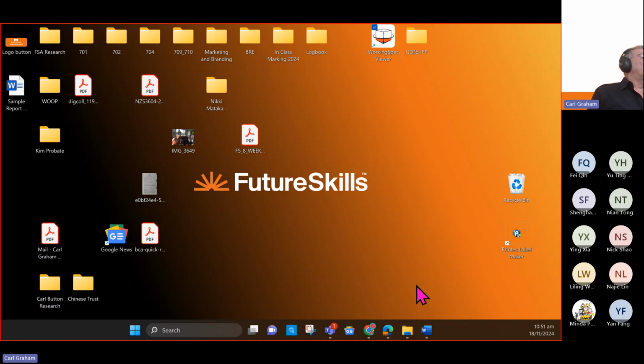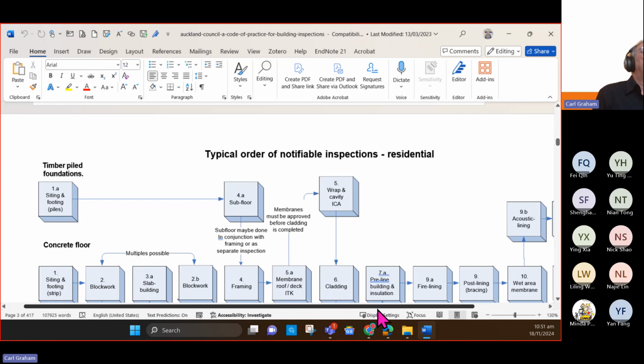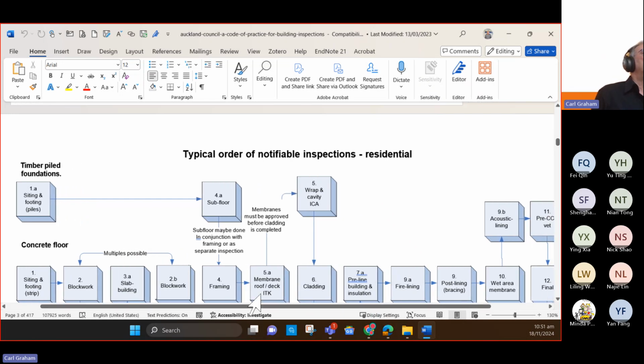And in this day and age, it's So let's go back to our notifiable works and what goes on and the inspections. So membrane decking, wraps and cavity, right? And remembering, don't be surprised if you go and work in another council and they've got it different. They might call it a pre-clad or a pre-wrap.